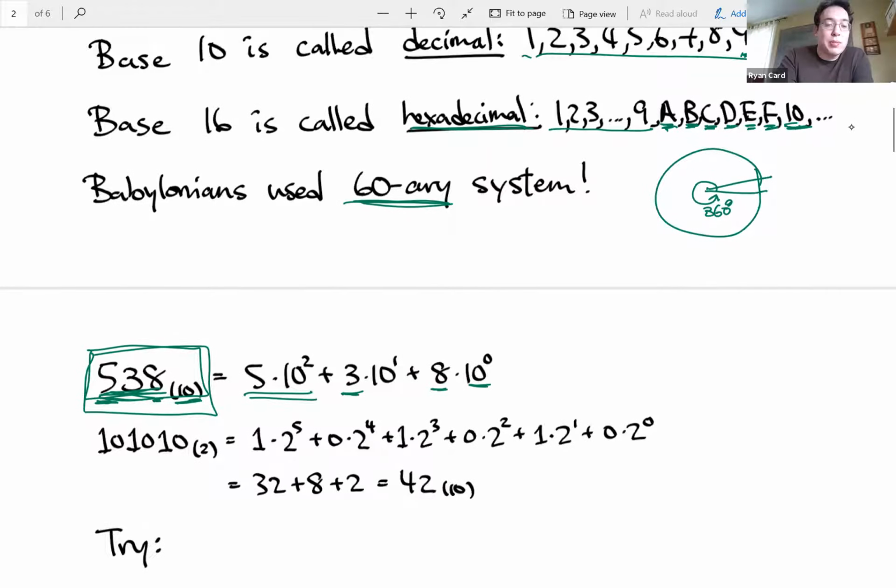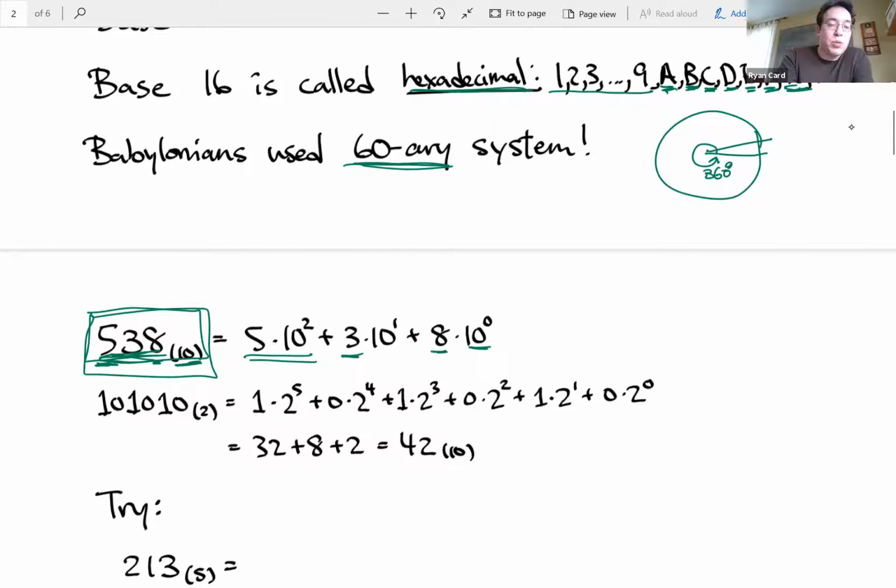We could do this with other bases as well. So if I write down 101010 in base 2 system, we count from the right-hand side. So this is the 0th power, 1st power, 2nd power, 3rd power, 4th, and 5th power. So the leading digit 1 is going to be multiplied with 2 to the 5th. That's 32. And we don't actually have to write down zeros, but the next place is 0 times 2 to the 4.